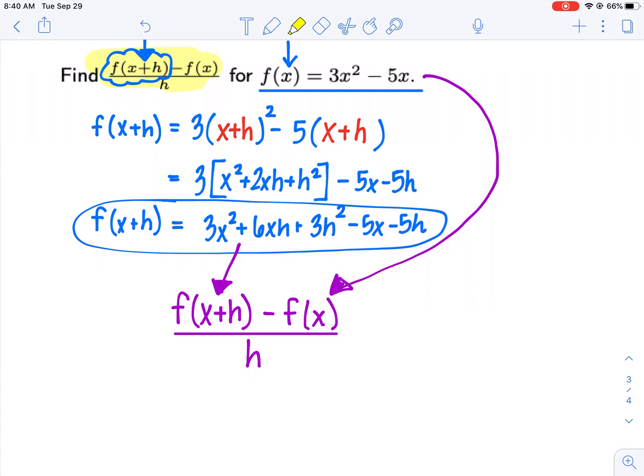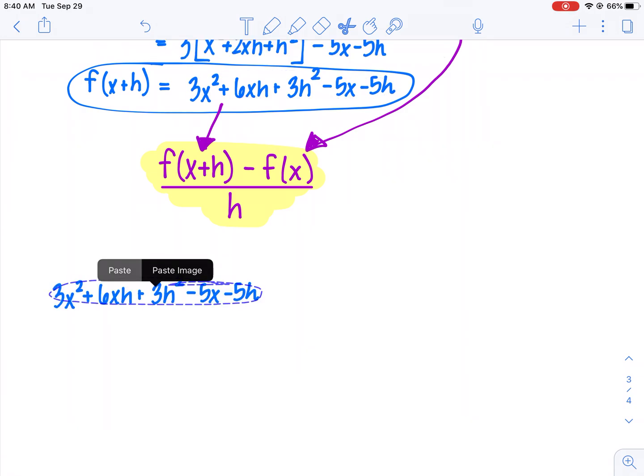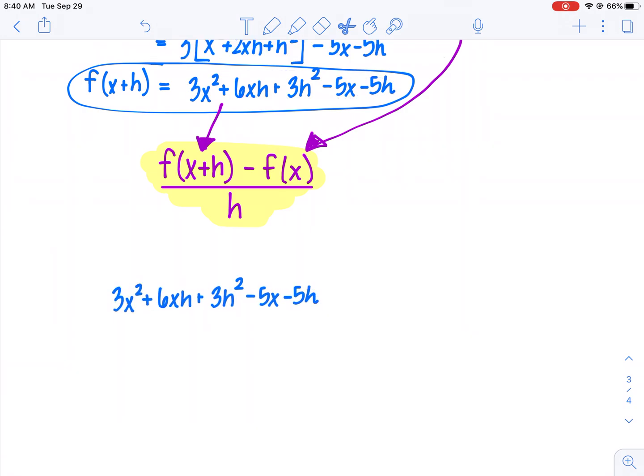So this is what I'm starting with. This is right here. I'm now going to replace. So I'm actually just going to copy and paste because, you know, we're on lovely iPads. Gotta love technology. So that's my first portion. My second thing I'm going to put in parentheses always, is what f of x is.